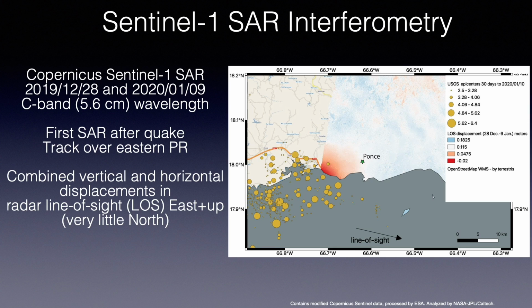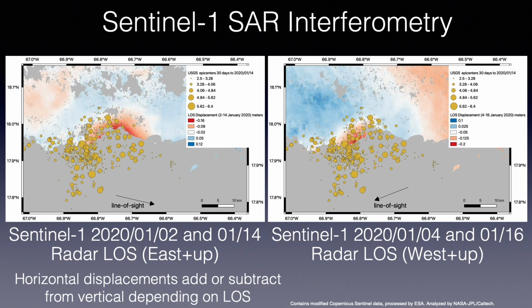We could see that there was a clear deformation to the west of the city of Ponce, but the rest of this image only covers the eastern part of Puerto Rico. The important thing to note is that the line of sight vector here, drawn as an arrow, shows that the line of sight direction is to the east, but it also includes an up component. So that's what we are measuring with the line of sight InSAR.